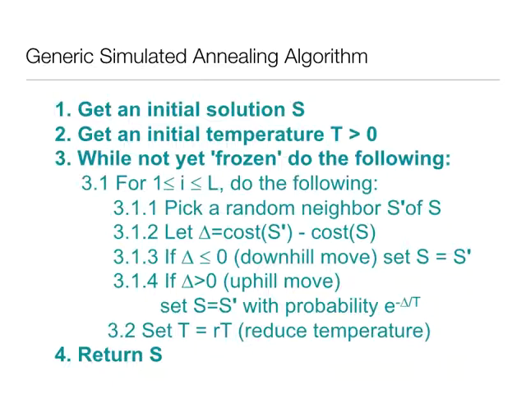If it's a downhill move, I always accept it. But if it's an uphill move, then I accept it with a certain probability, where the probability is a function of how much uphill and what the temperature is.